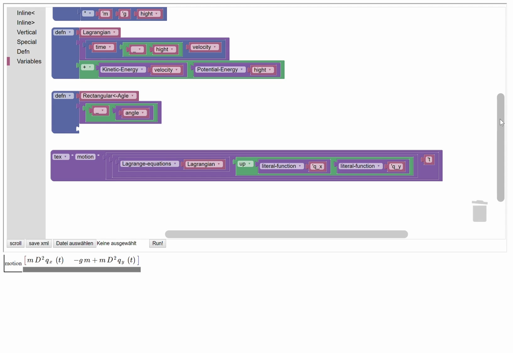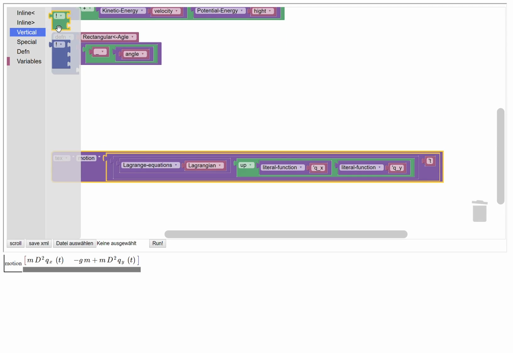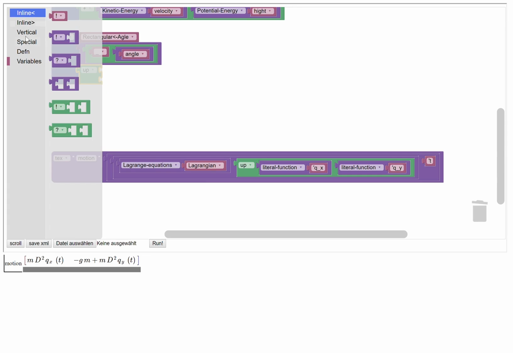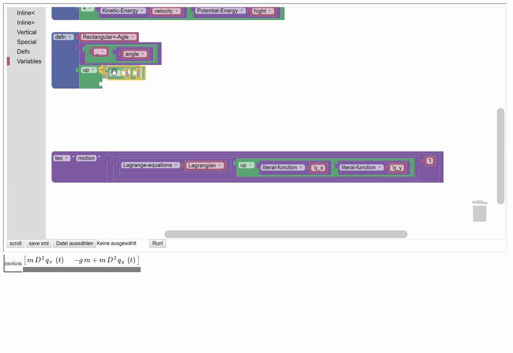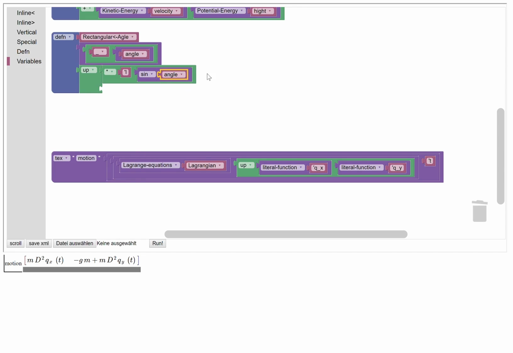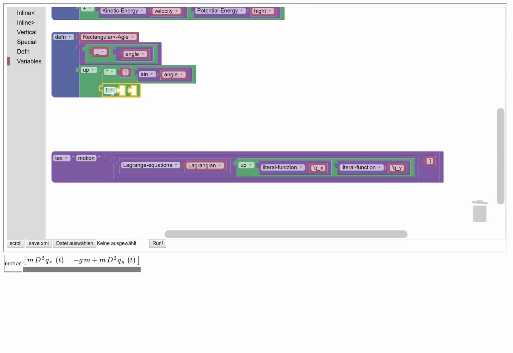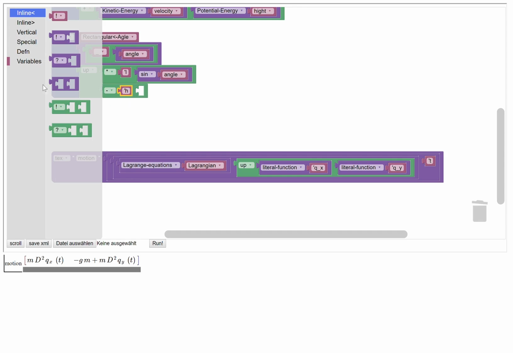The horizontal position x of the bob is L times sine of the angle, where L is the length of the pendulum. The height of the bob is H minus L times cosine of the angle. H is the height of the pivot.